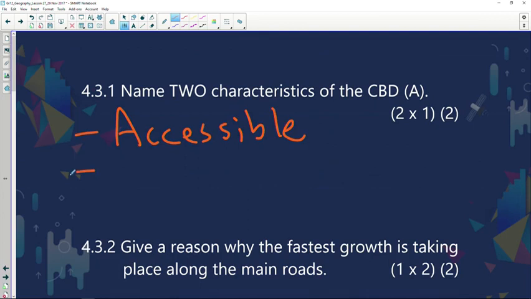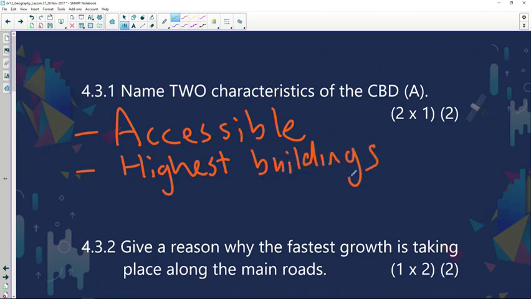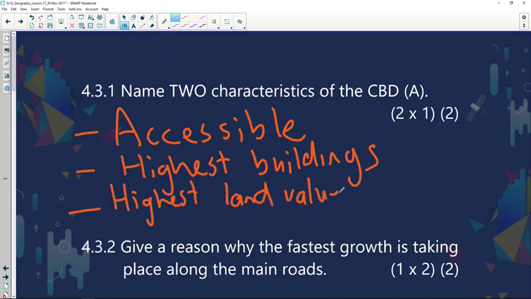What I've mentioned as well, the highest buildings and the highest land values. Okay, and high volume of traffic. Let's just add it over there.